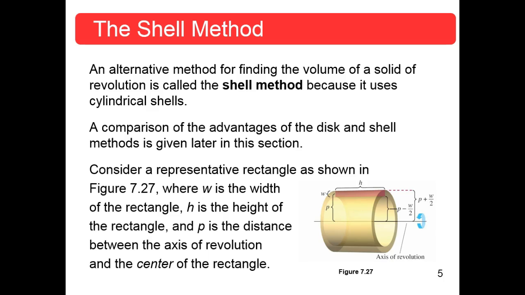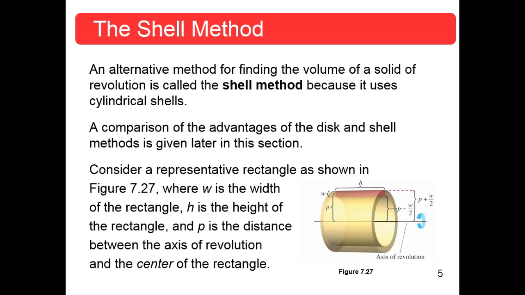So let's do this. I think it's pretty close to the same thing we had before, somewhat similar, that we have a little wedge here, a little rectangle that we're going to revolve around the axis of revolution.